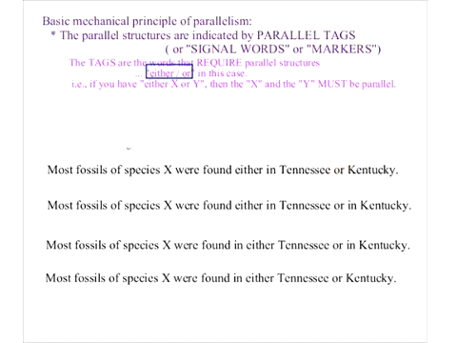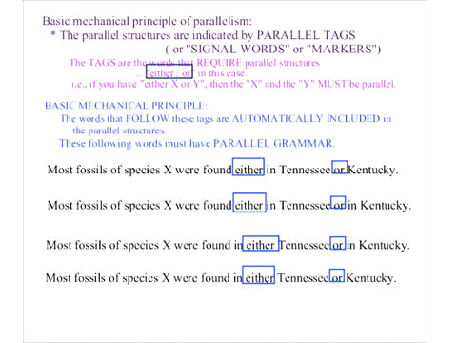So here's the basic mechanical principle behind parallelism. Here are the tags: either, either, or, or. Those are your tags. Here's the way it works.